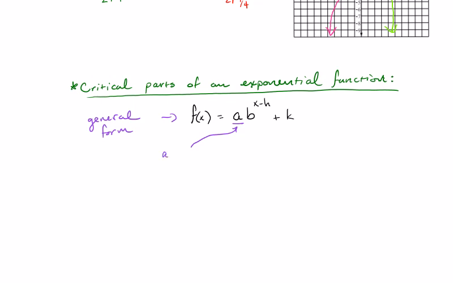So if a is less than 0, it would change the direction, but it's not going to change the curvature or anything like that. It may make it steeper or less steep, but it doesn't make it look different. So anyway, if a is less than 0, then that would be a reflection over the x-axis.